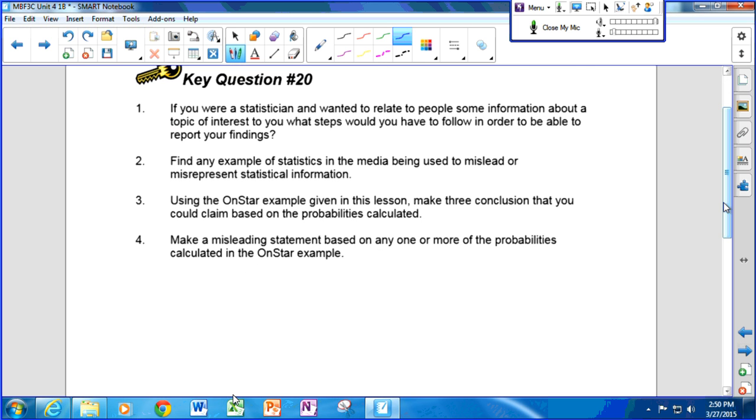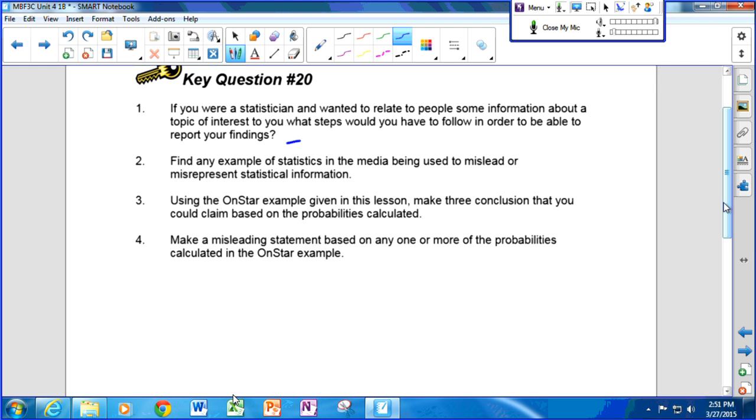So the key question: if you were a statistician and wanted to relate to people some information about a topic of interest to you, what steps would you have to follow in order to be able to report your findings? Interesting. Okay. So what do you think?